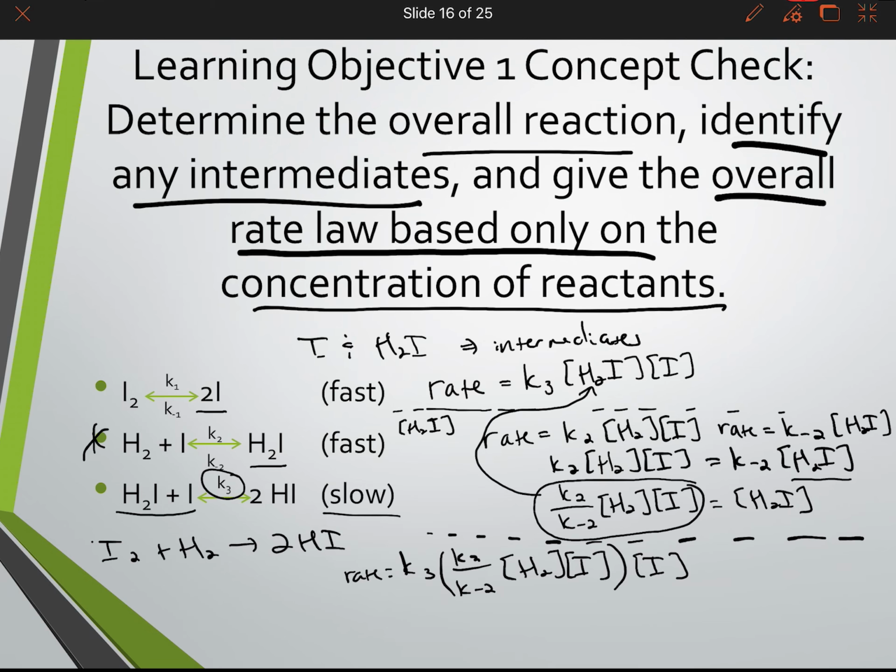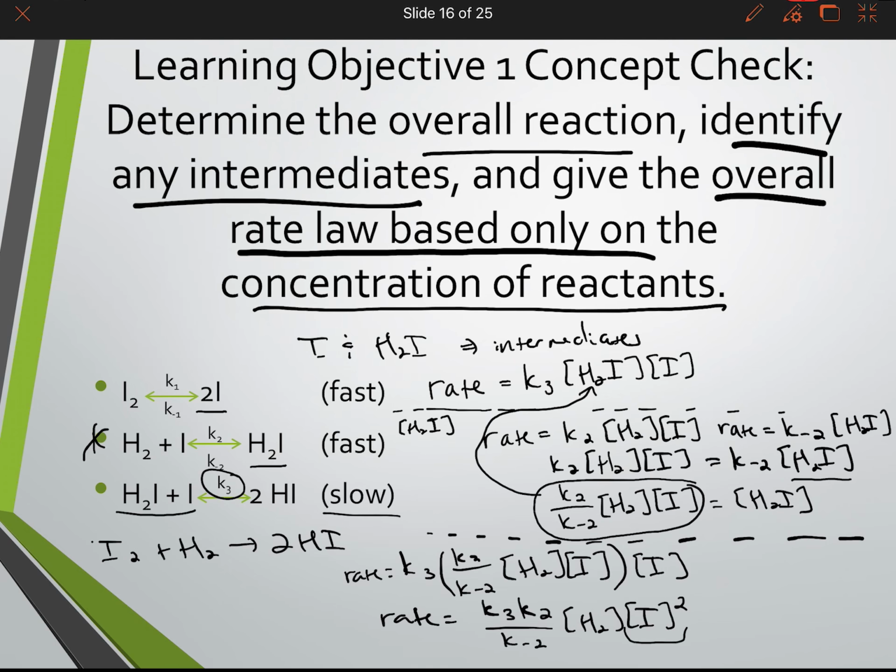And we get rate is equal to k3 k2 over k minus 2 [H2][I], and because there's two of them, it is squared. Now, H2 is a reactant, but I is not, so we still need to rewrite. So now we need to solve for I squared, which is not as bad as it seems.